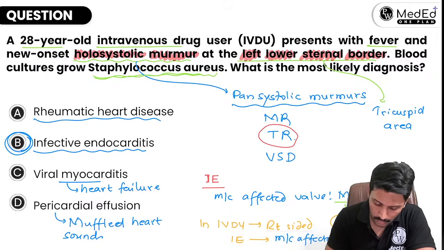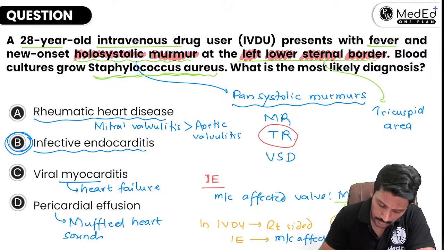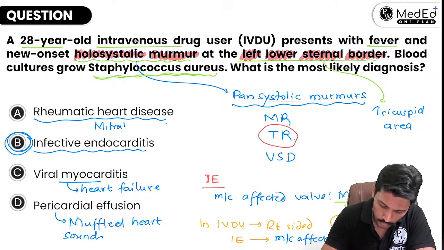Rheumatic heart disease most often leads to mitral valvulitis, not tricuspid, followed by aortic valvulitis. In rheumatic heart disease, the most common manifestation, because the mitral valve is affected, is mitral stenosis.